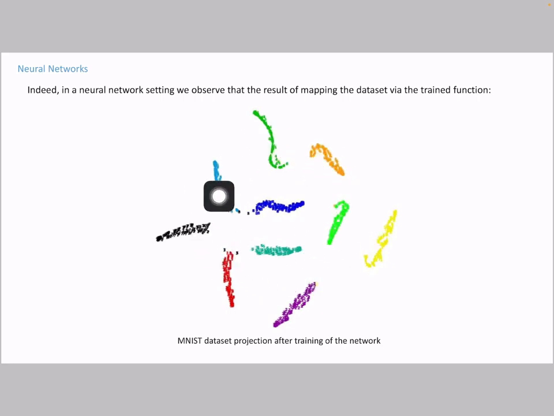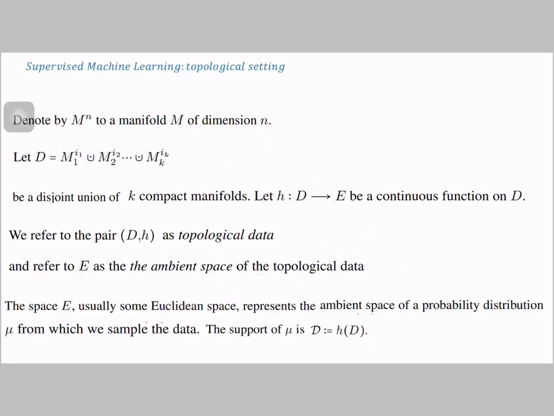The original data had some shape in its original embedding, and the neural network acted on it and deformed the original space into this final space.